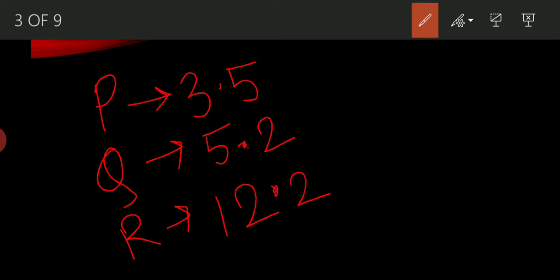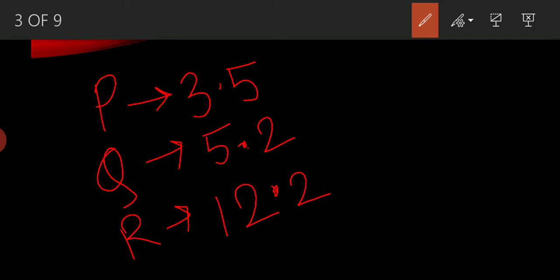In my previous video, I have already told you about pH. You can just go and check that video so as to solve this problem. Now the question is, first, among these three solutions, which one is a weak acid?